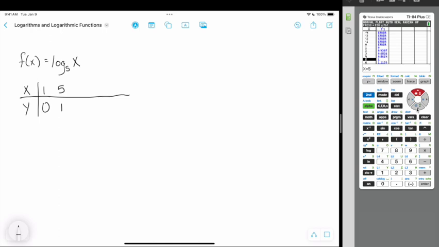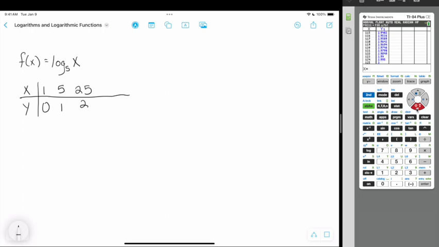Now I bet the next whole number I get is going to be really big, because if raising it to the power of 1 gives me 5, the next whole number is going to be raising it to the power of 2, which is going to give me 25. And there it is. The next whole number is 25, 2. And then cubed is going to be way beyond that, because 5 to the third power is 125.